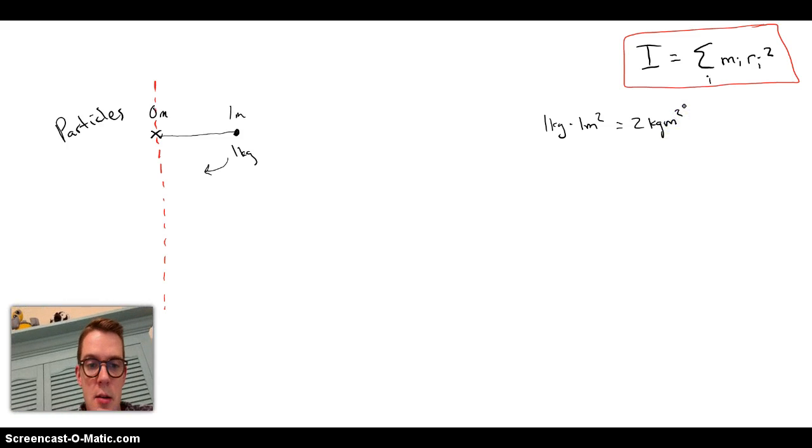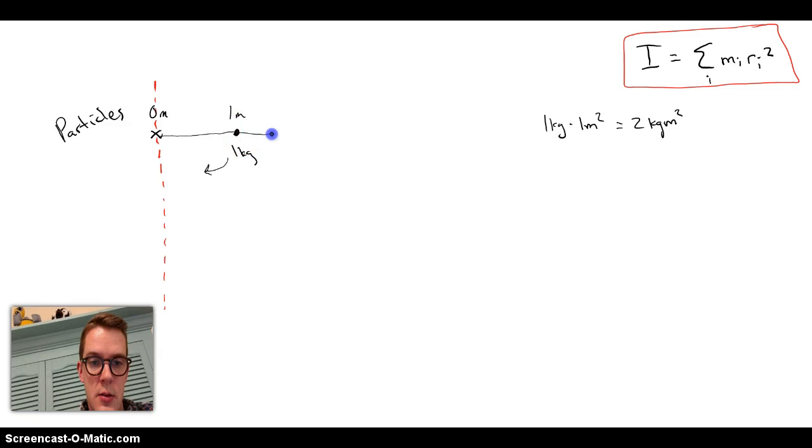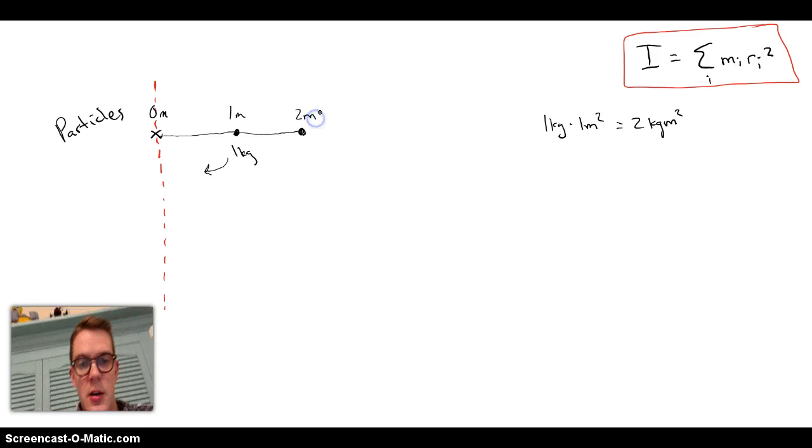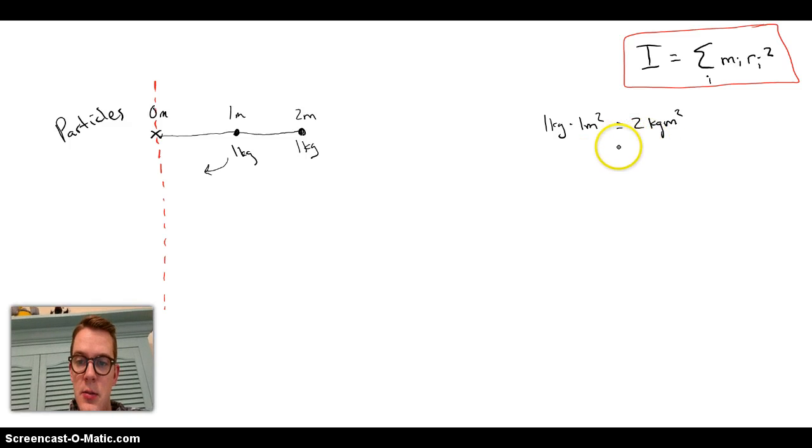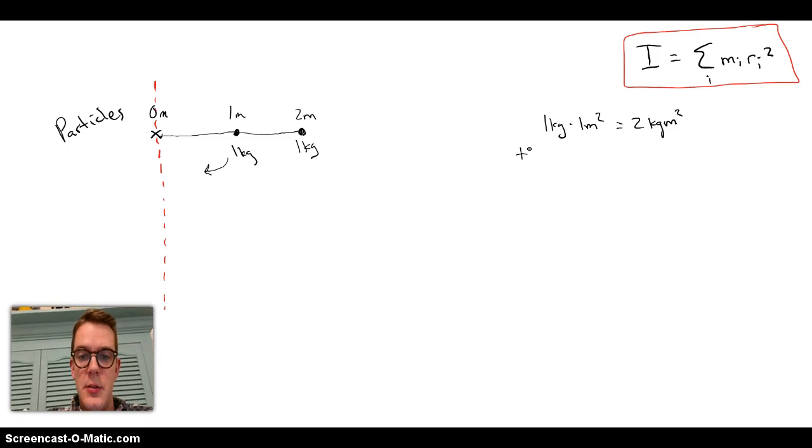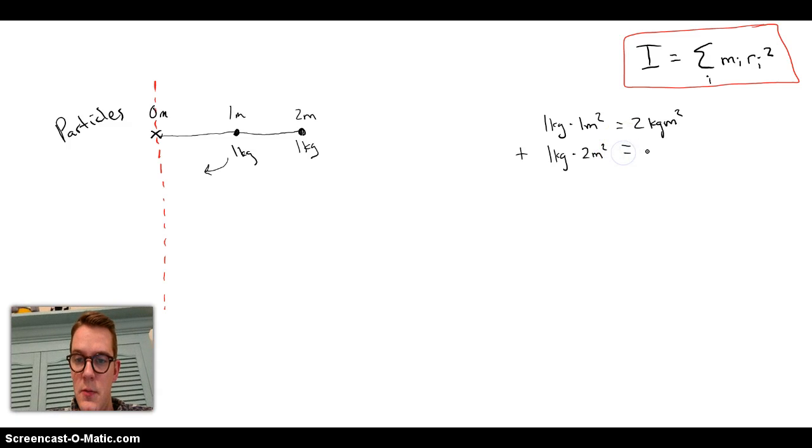So let's add on another mass here. Let's say there was some more mass out here at the 2 meter mark. Again, 1 kilogram, and I would just add that on to the other moment of inertia I found earlier. So it's now 1 kilogram times 2 meters squared, which gives me 4 kilogram meters squared.